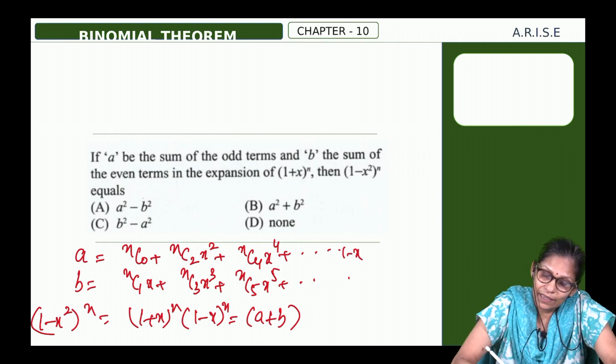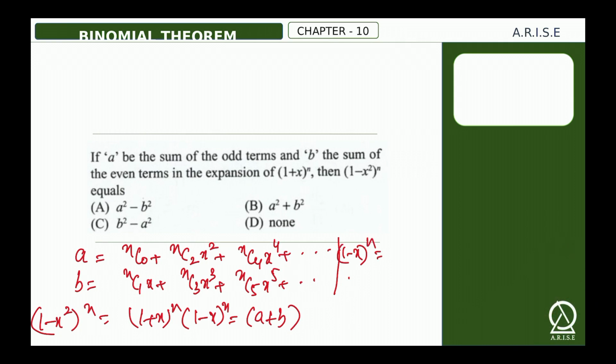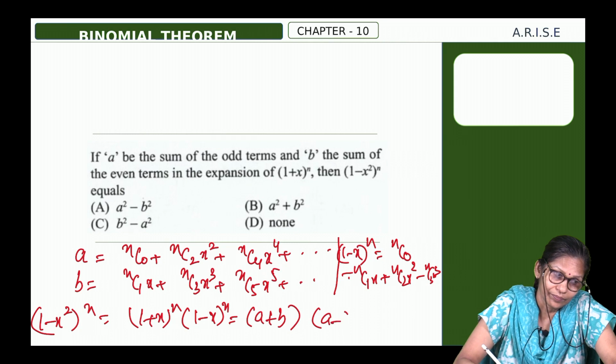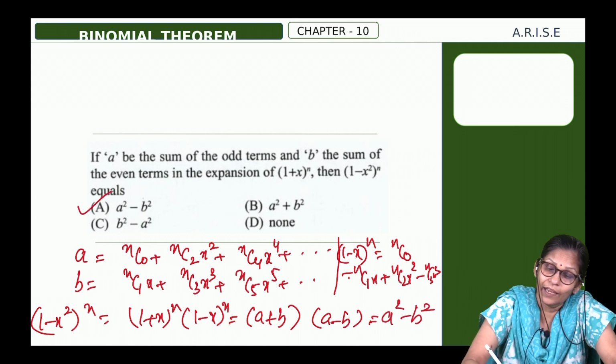Similarly, (1 minus x) the whole raised to n is nC0 minus nC1 x plus nC2 x squared minus nC3 x cubed and so on. So, isn't that A minus B? So, what do you have? This is just A squared minus B squared. Option A is your answer.